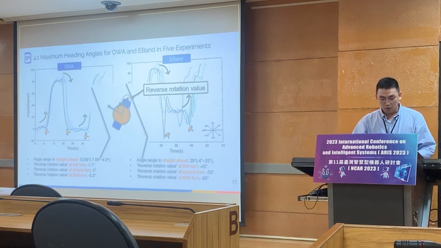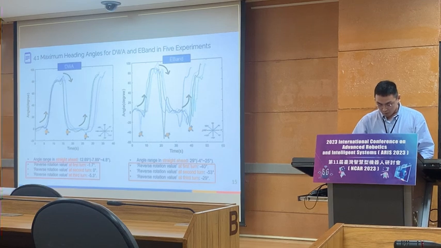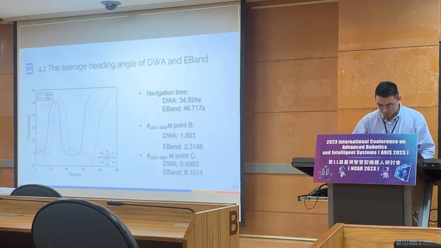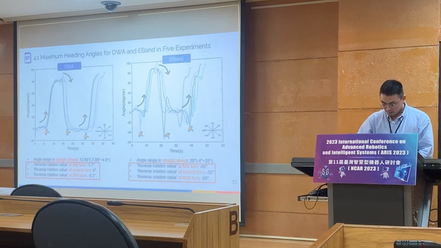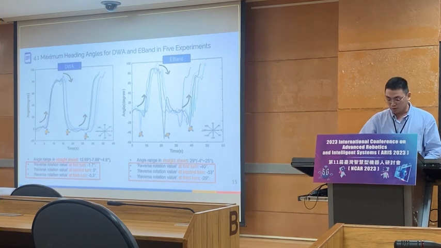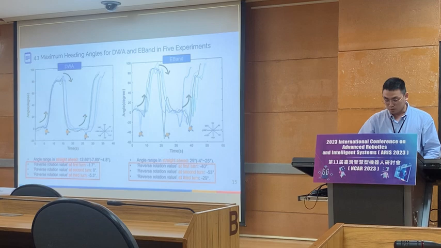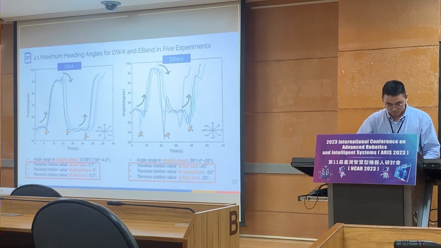In this paper, we call it the reverse rotation method. The data of 3 turns show that the maximum reverse rotation value of DWA is smaller than that of TEB. So DWA is better than TEB in turn control.